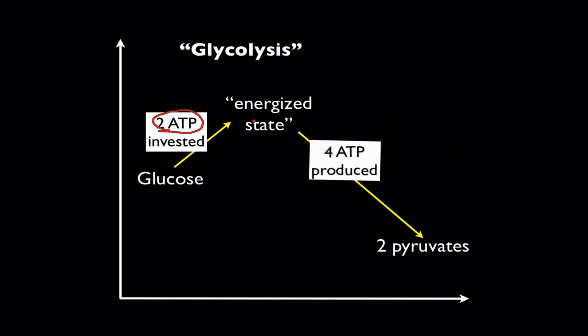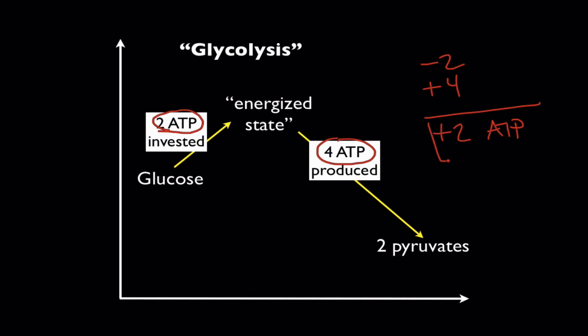All right. Then the bigger downhill fall is going to produce 4 ATPs. So changing this energized glucose to the 2 pyruvates is going to produce 4 ATPs. So per glucose, we actually have a net gain of plus 2 ATPs. If we do the accounting here, we've got 2 ATP cost and a 4 ATP benefit.